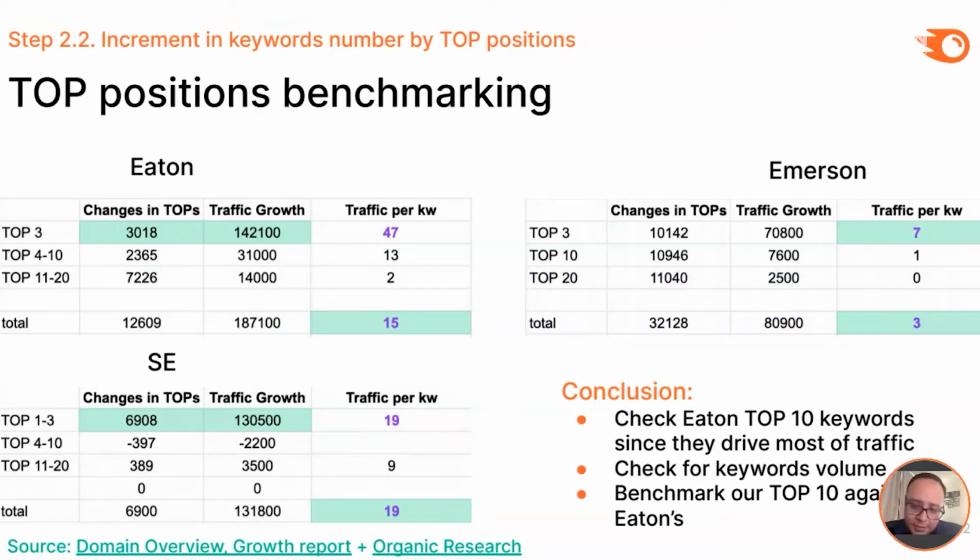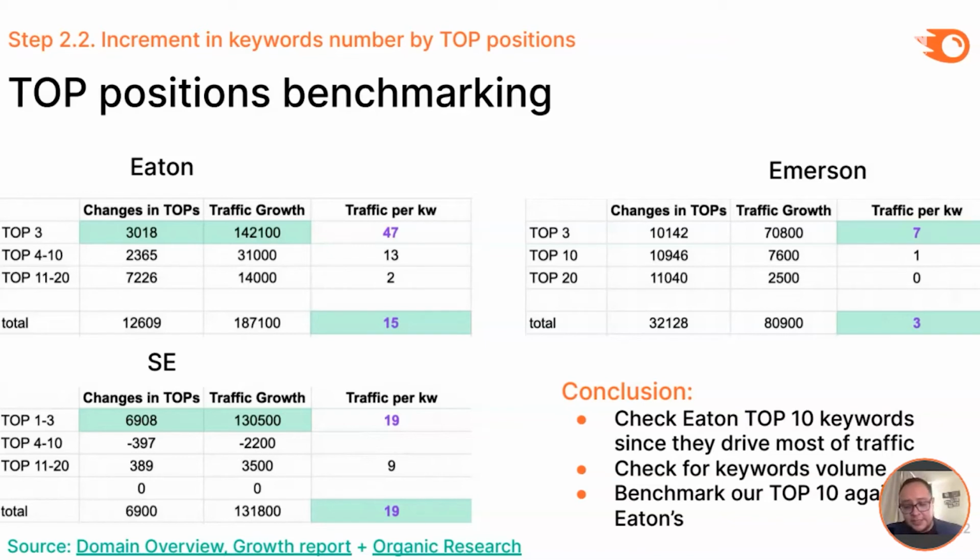Once we did this, we need to understand the top positions benchmarking: how many keywords you have in the top three in comparison with your competitors. In this case, you can see that Eaton has 47 keywords in the top three, Emerson has 7, and Schneider Electric has 19, which are giving them tons of traffic.